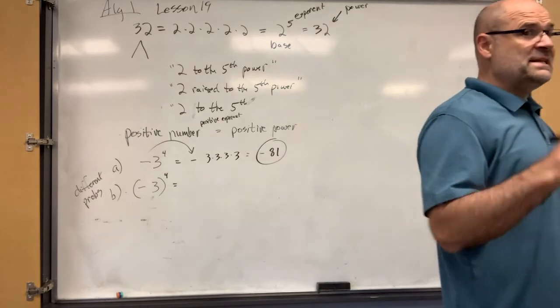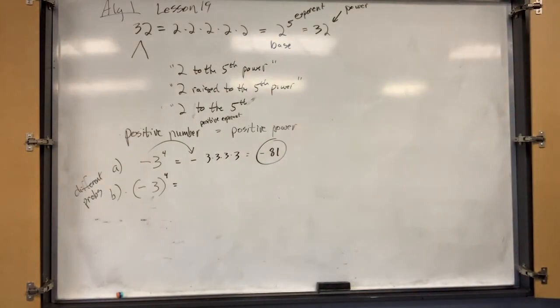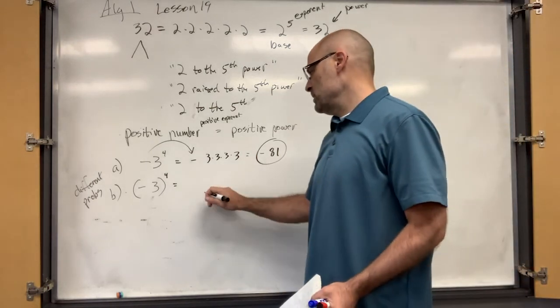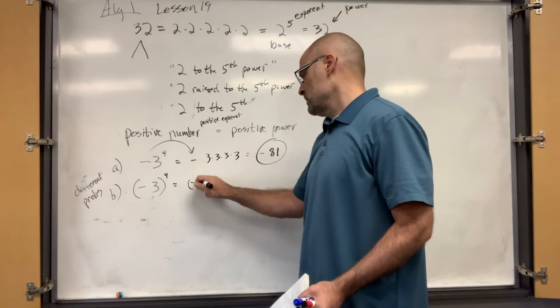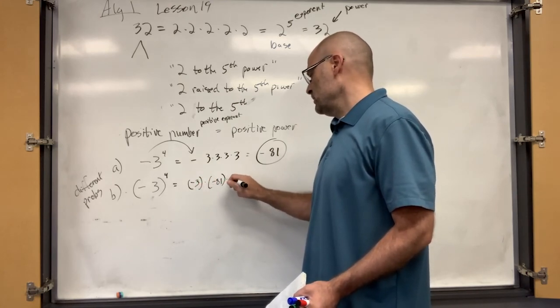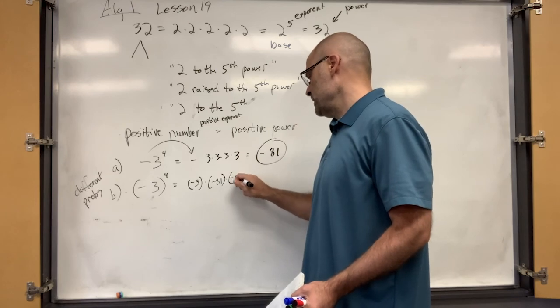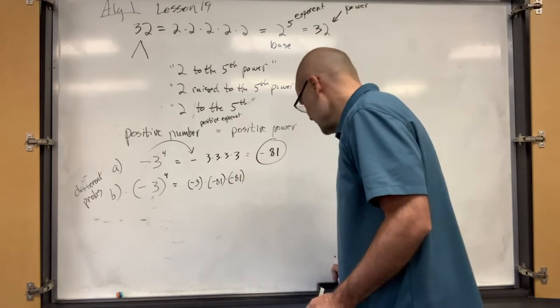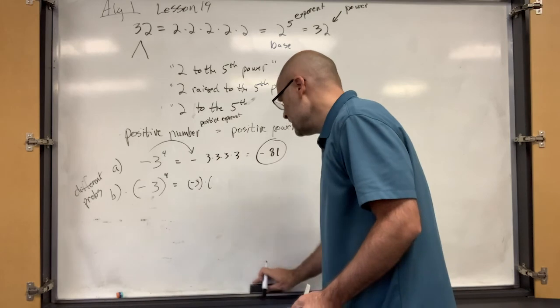So now it's -3 times -3 times -3 times -3. Okay? So what's this answer going to be? Just plain old 81 or positive 81.